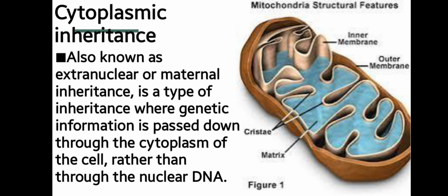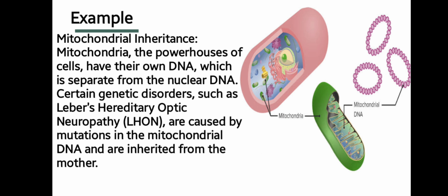Cytoplasmic inheritance, also known as extranuclear or maternal inheritance, is a type of inheritance where genetic information is passed down through the cytoplasm of the cell rather than through the nuclear DNA. An example of this is mitochondrial inheritance.